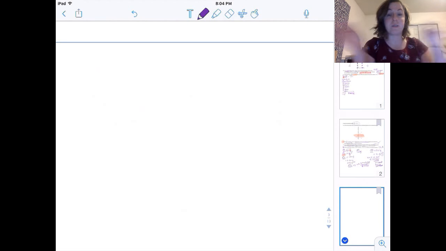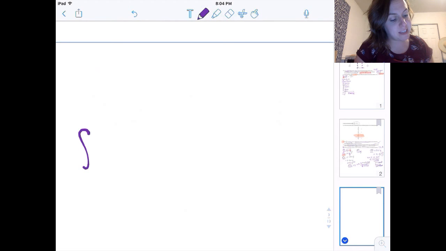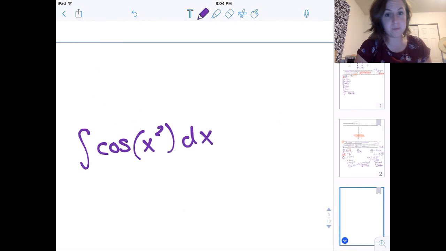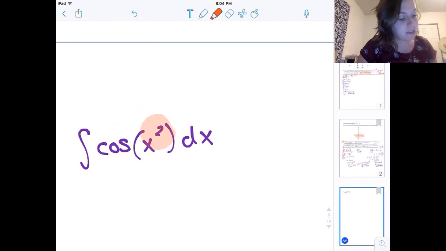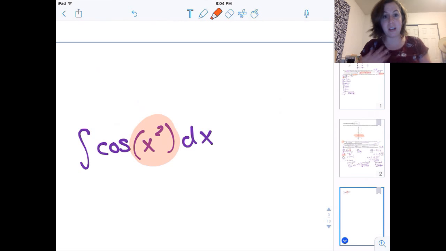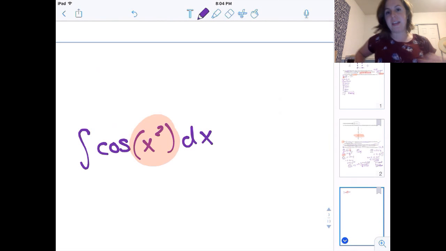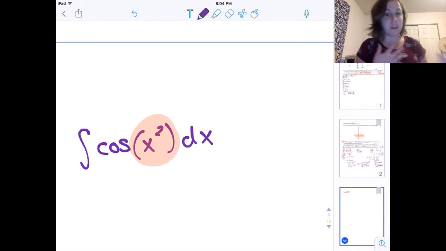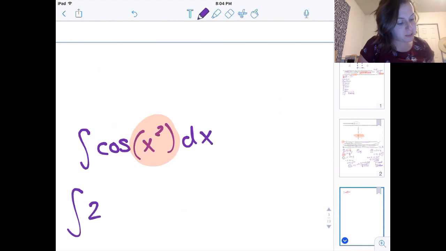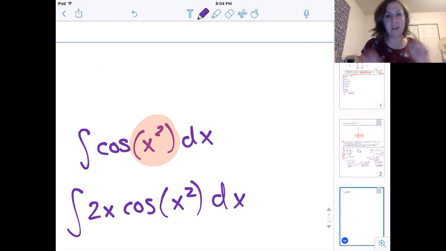So like if I see the integral of cosine x squared dx, is that function composition? Absolutely, right? I see a function in a function. But do you see the derivative of x squared in there? Because I don't. So that is not a great candidate for U-sub because I don't see both things. If I gave you this, then I could say, okay, well, that's function composition. It's a function and a function.